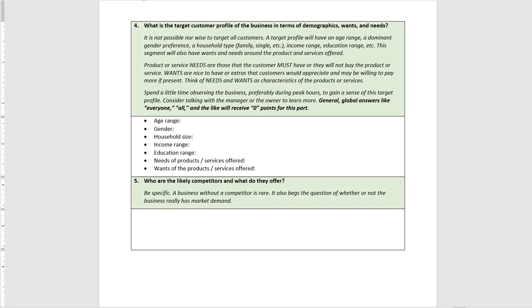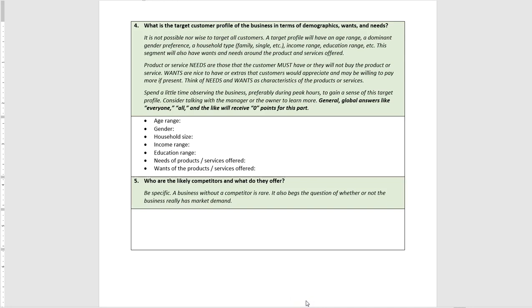A careful observation during your first visit will give you a good age range or a dominant gendered preference or a household type, for example. So if you were to visit a nail salon, you will likely find that it is likely to have more females there as opposed to males. Or the particular income range might be in the lower income bracket or the middle class income bracket and so on. And how you can tell is through the pricing.